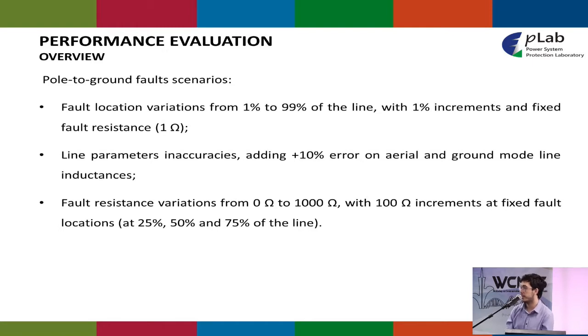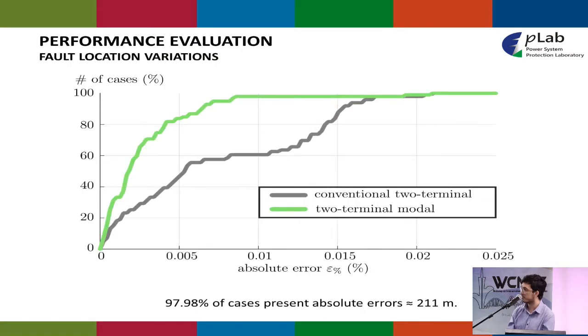Line parameter inaccuracies, adding a plus 10% error on the aerial and ground line inductances. And the last scenario was the fault resistance variations from 0 to 1,000 ohms, which is a very, very high number, with 100 ohm increments at fixed fault locations, which were 25%, 50%, and 75% of the line.